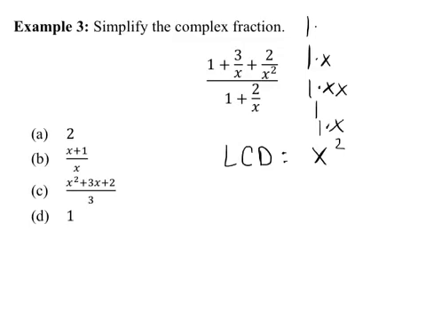If a factor is repeated in one of those denominators, not in 2 of them, but in 1 alone, then it needs to be repeated that many times in the LCD.